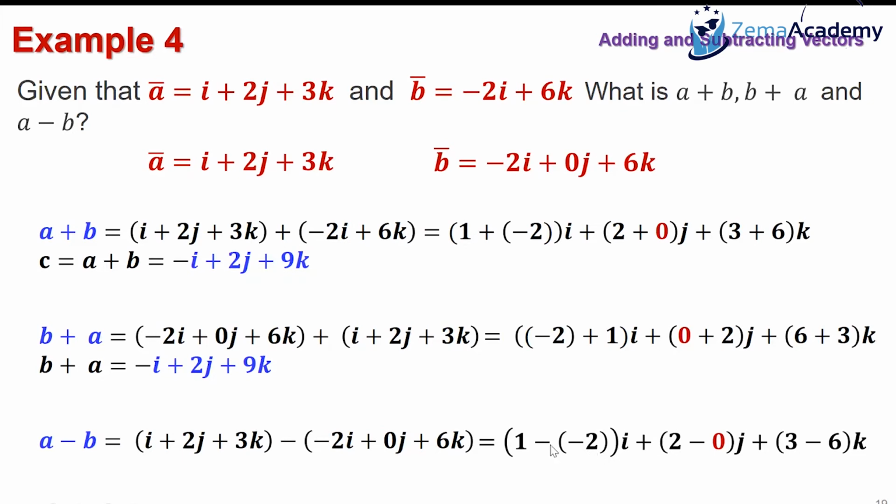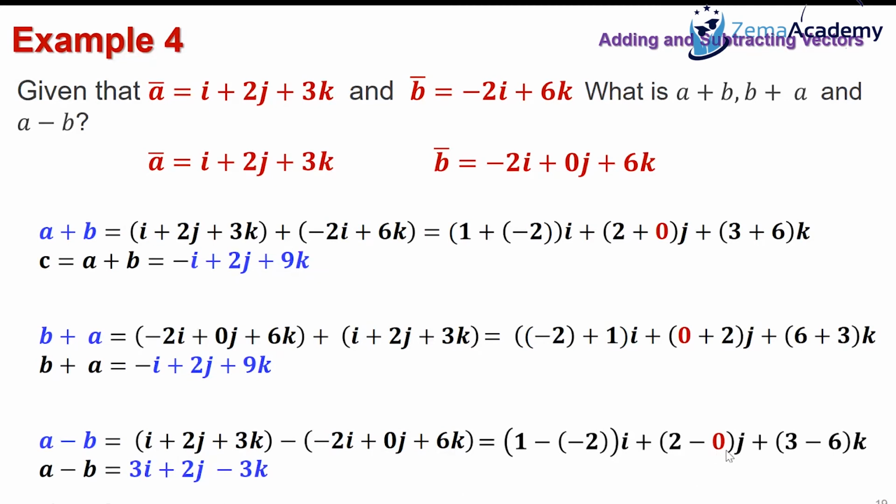So over here you can solve it out in the next step. When you do that, you will see this minus by minus 2 will become plus 2, and then 1 plus 2 will be 3.